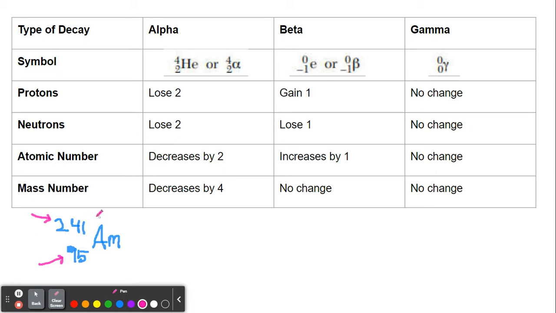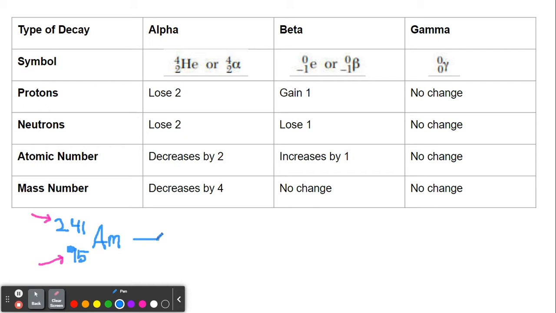That's because americium 241 is pretty radioactive. It wants to break down. And we actually find americium 241 in all of our smoke detectors that we have in our homes, which is really, really interesting. So it's going to go through this process of alpha decay.